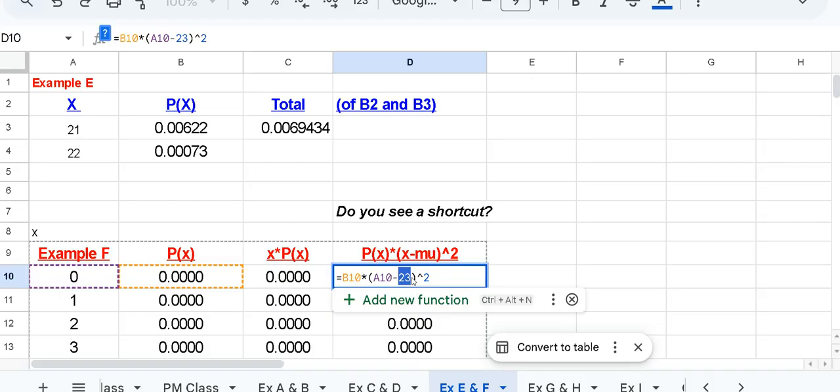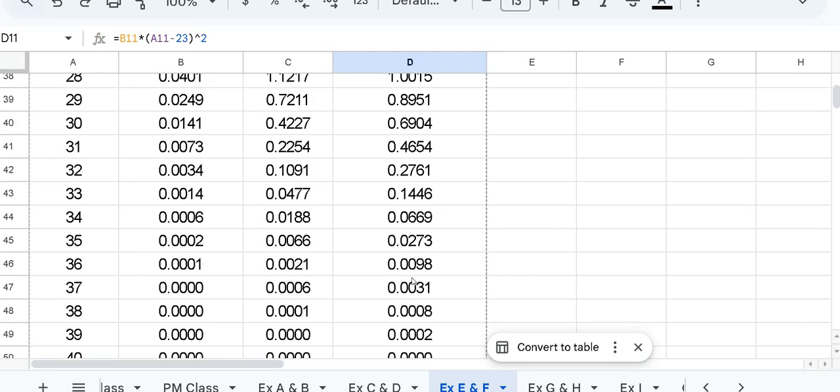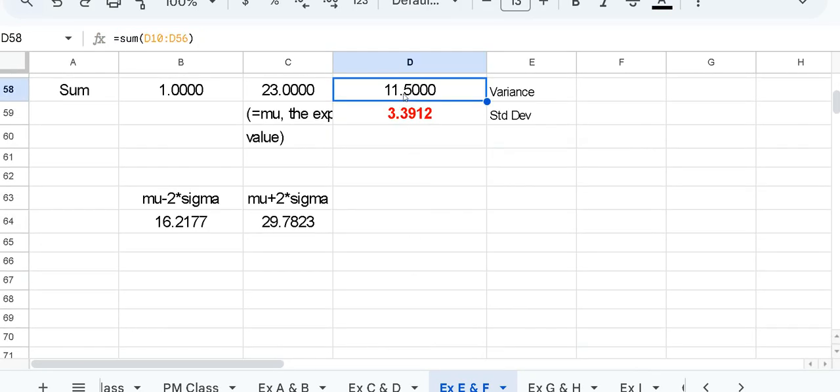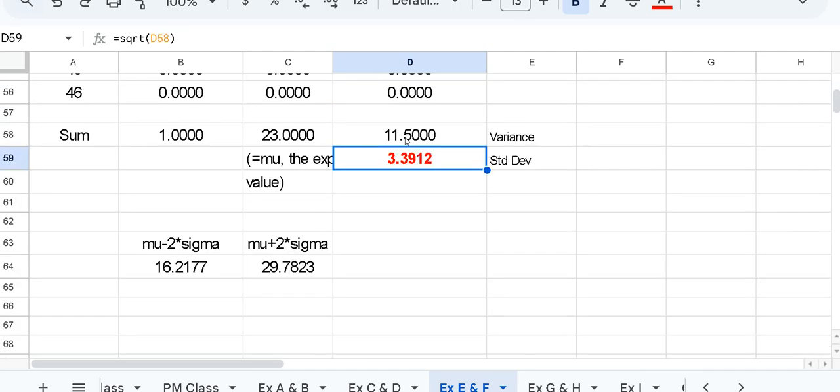Don't click on a cell and reference it to someplace else. Actually type in that value for mu. If you add that all up, you get 11.5, which is exactly what you would have gotten if you took the mean times q, mean times 0.5. Square root of that gives you this.